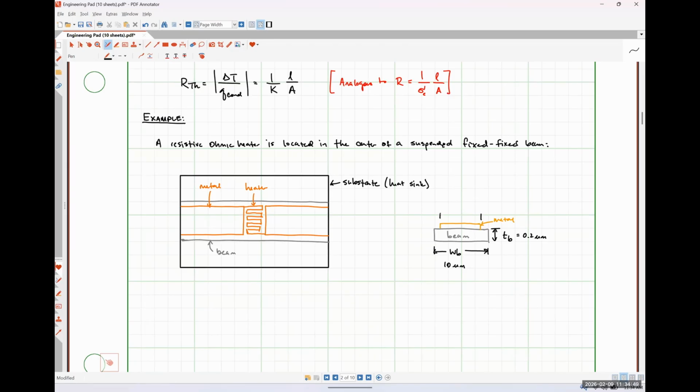This will be the width of our metal strip, and it is 8 microns. And then we're going to have the thickness of our metal strip, and it'll also be 0.2 microns.